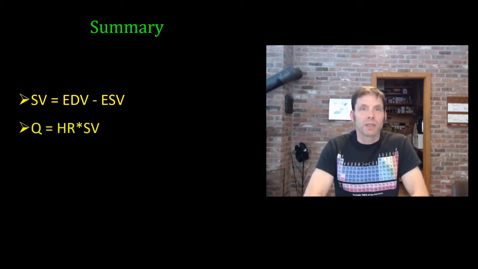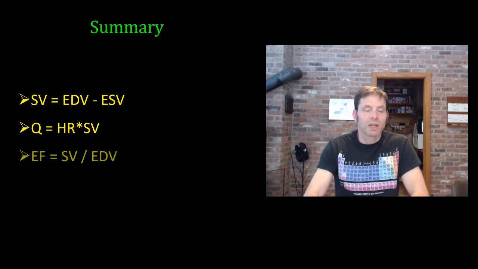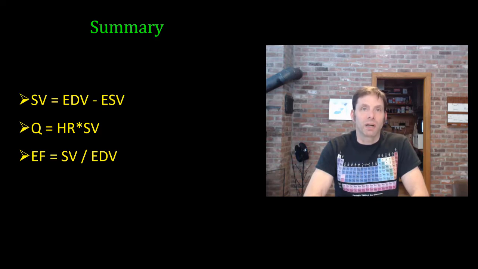Next, cardiac output. Cardiac output is the amount of blood pumped each beat times the number of beats in a minute. This gives us the amount of blood pumped into the arteries each minute. And then ejection fraction, which is the fraction of blood in the left ventricle that was pumped in each heartbeat. And this gives us a metric for left ventricular function, or how well the heart is working.